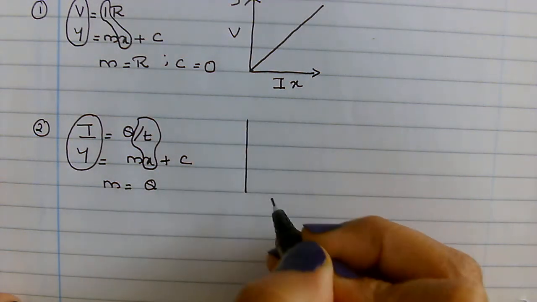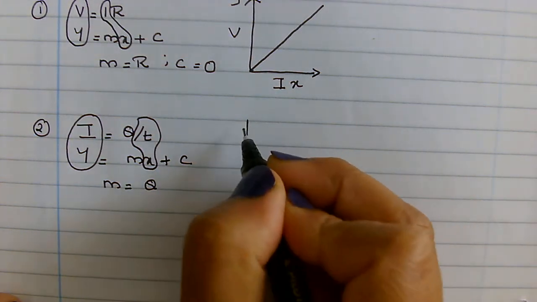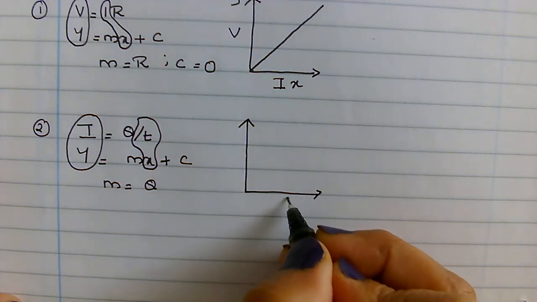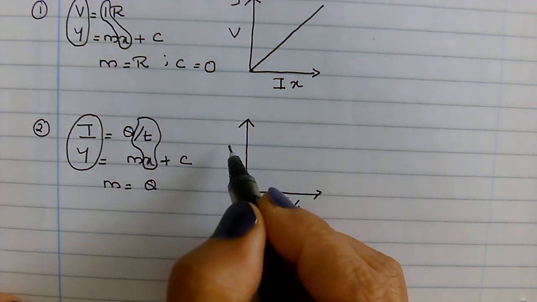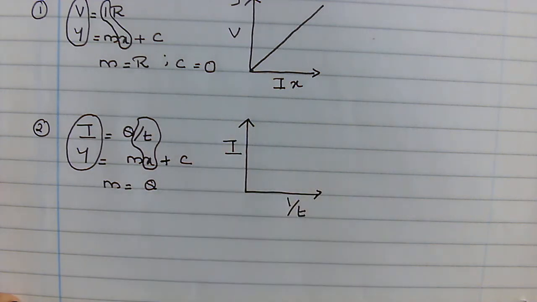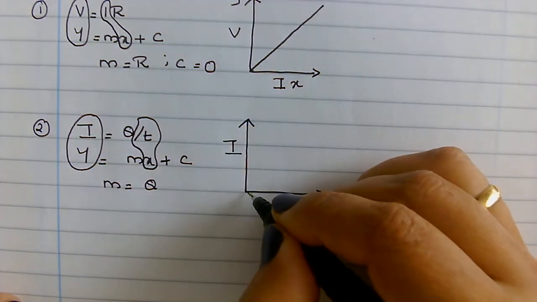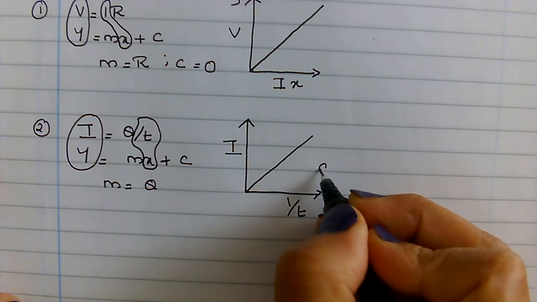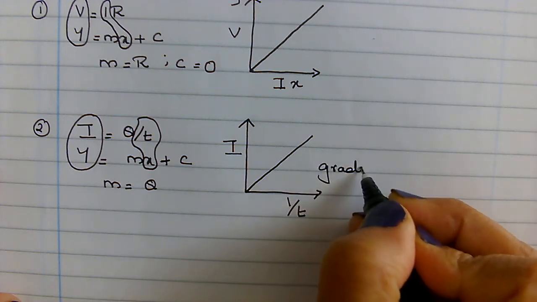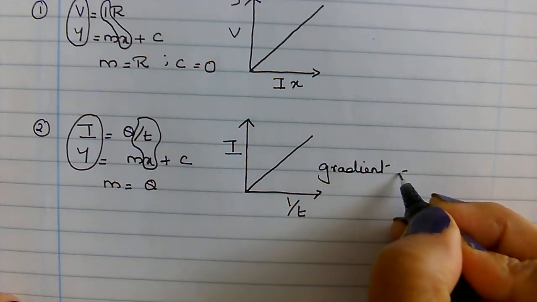So again, similar to that, if I take 1 over t and if I take I, then I should get a straight line without any y-intercept again this time, and the gradient is going to give me the charge.